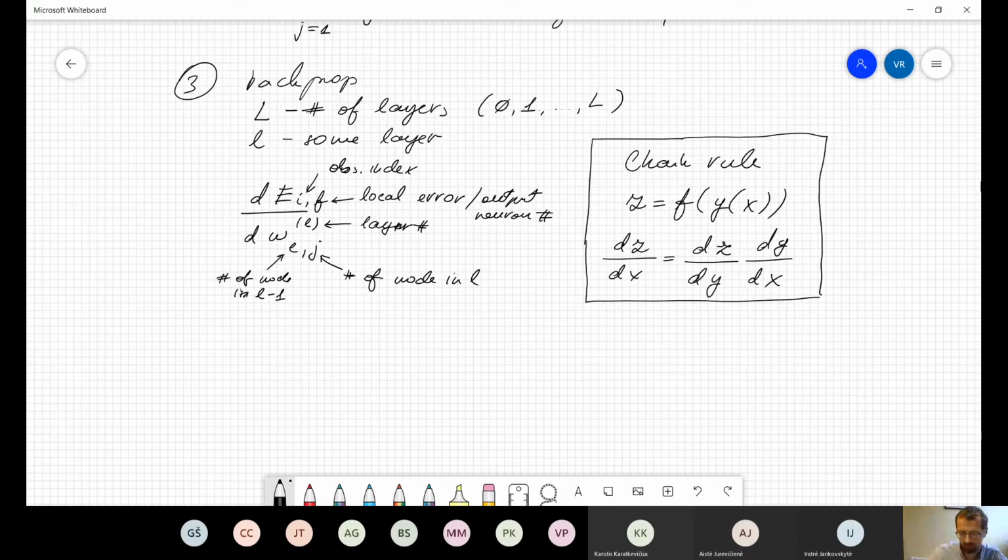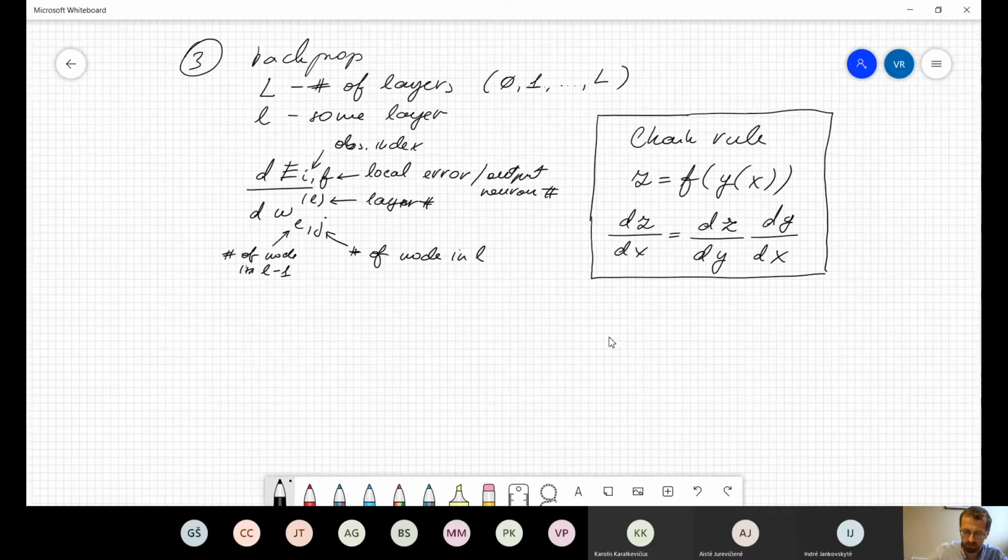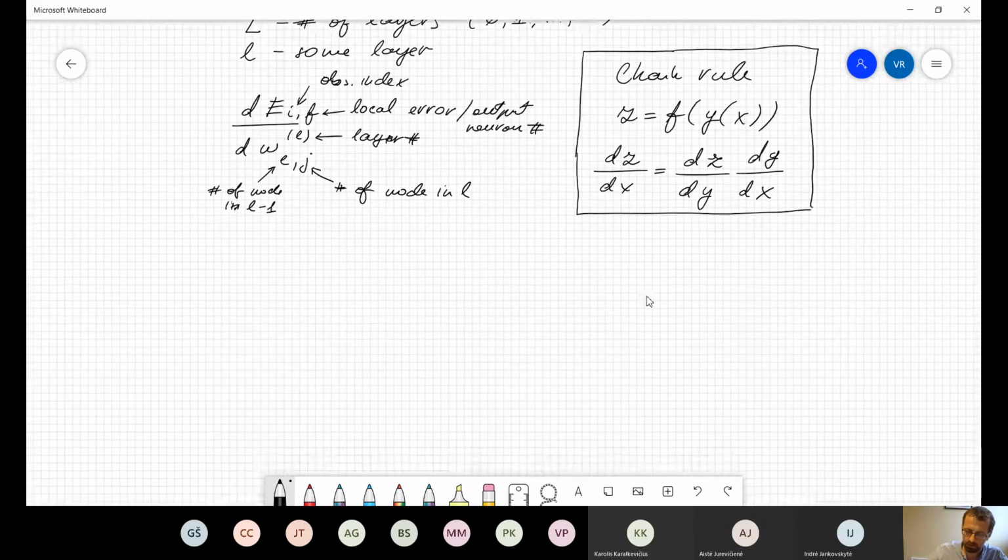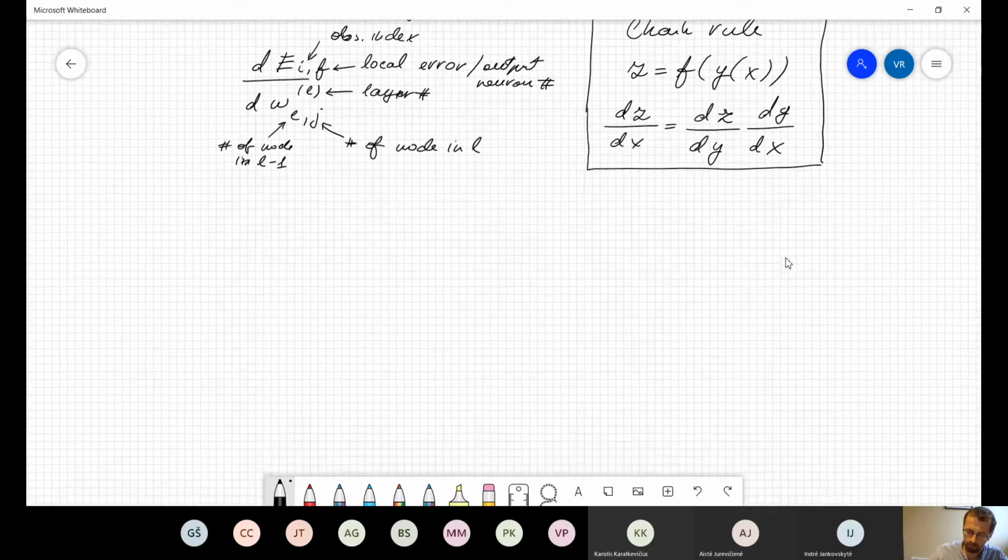That's why we need to look into these things. Sometimes we will be looking into the local errors, sometimes into the global errors as well. This is more or less the notation. We will go through these notations quite a bit, so stay tuned.